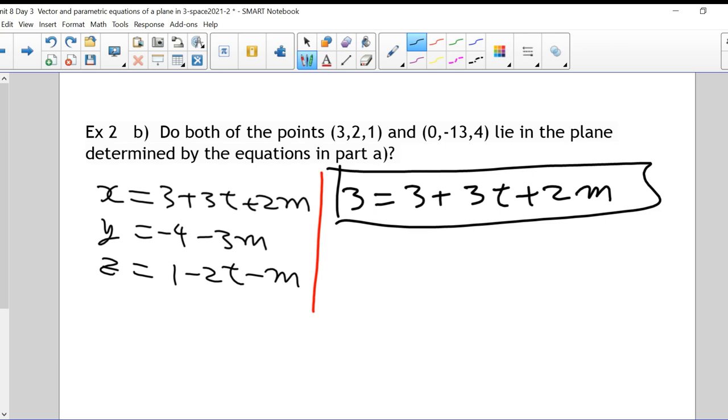Maybe I should go ahead and try to do this with z and see what happens. In this case, there's a shortcut. We can find what m is right away by putting the value of y into this one, right? And we can solve for m, and then we could use that to solve for t in the other equation. But what if we had to solve for both at the same time, which is the point that a lot of you are making?